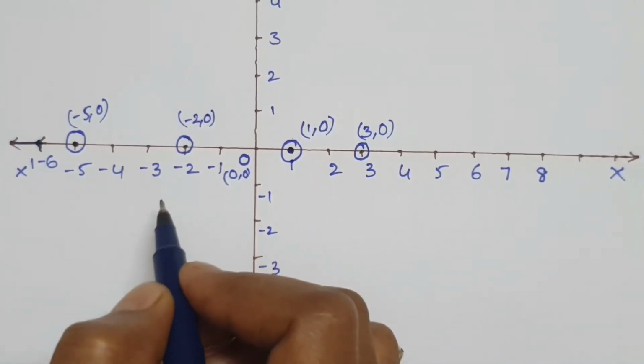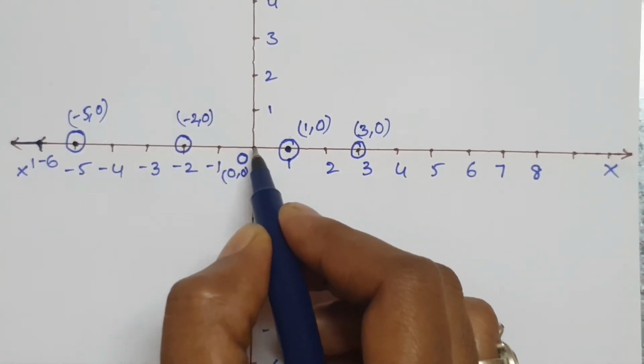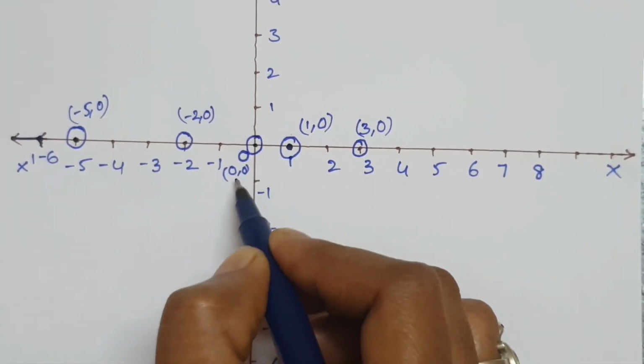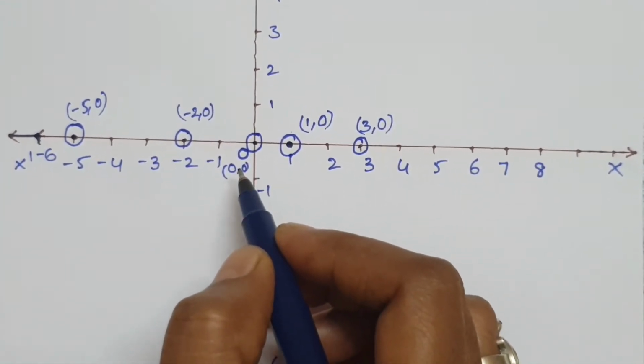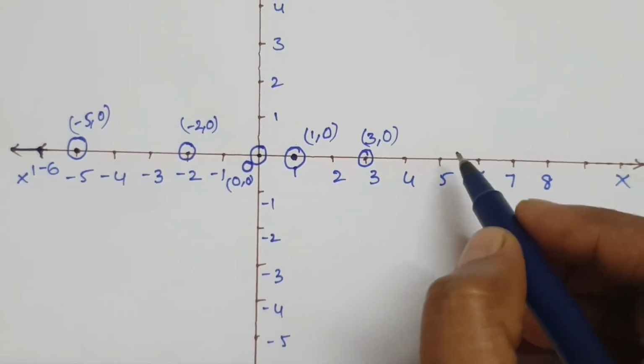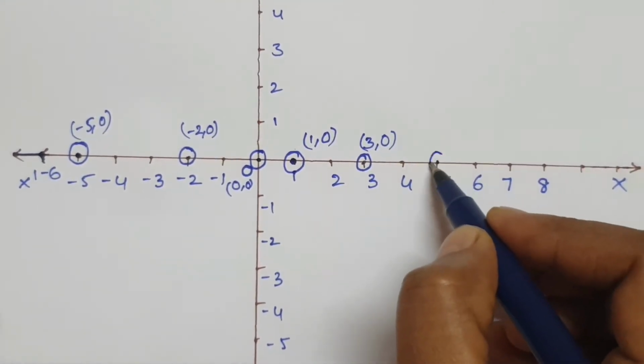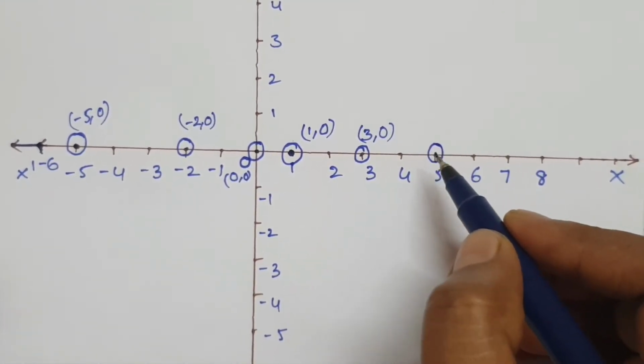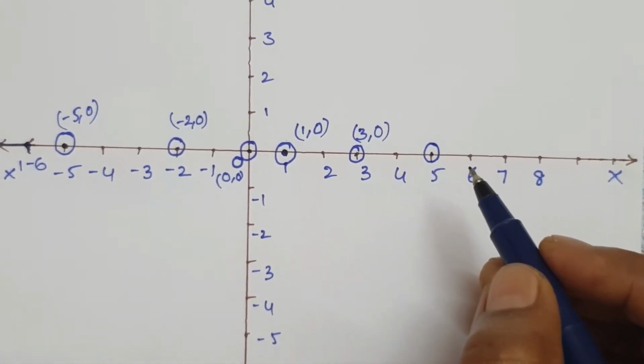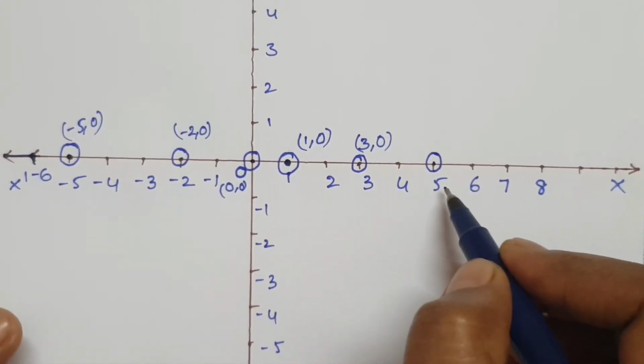Next point is (0, 0), the origin. Next is (5, 0) on the positive x-axis. Then the next point is (minus 6, 0), here on the negative side. This is X' here. In this first problem, the y ordinate of all points is 0.